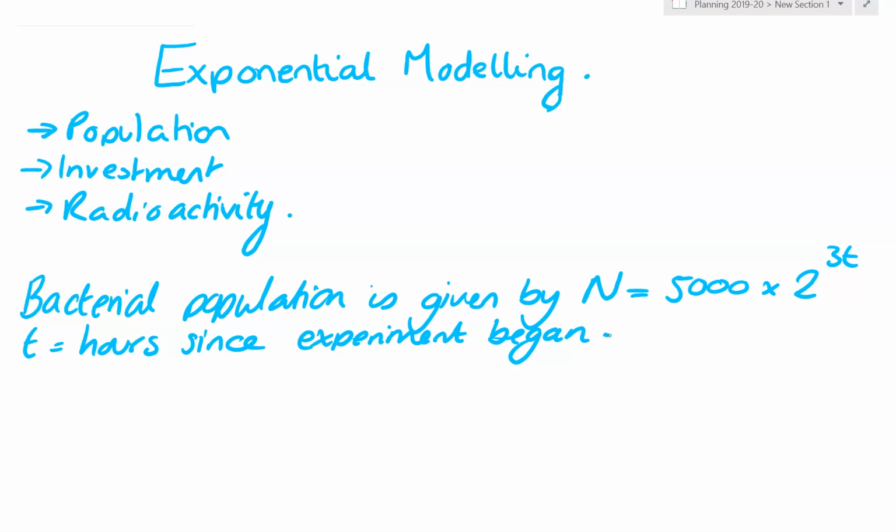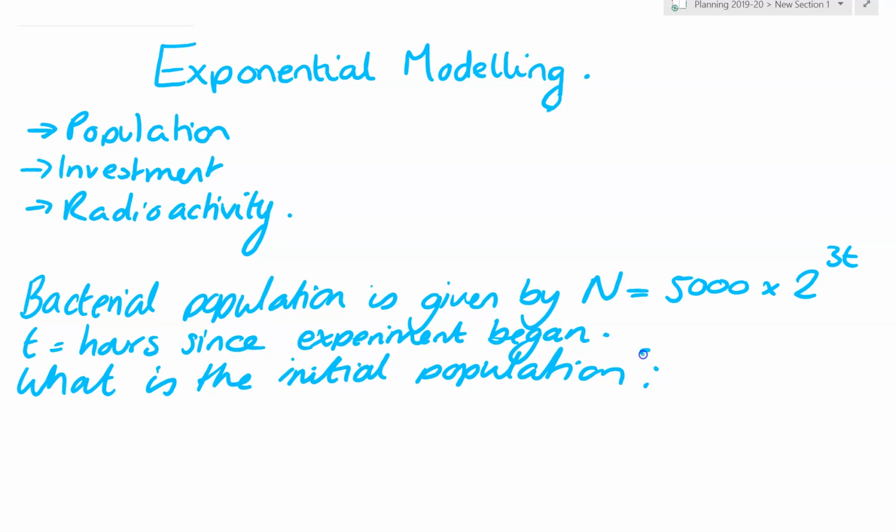It doubles 3 times because you get 2 to the 3. Anyway, that'll become clear. So what is the initial population? And we're going to say, when does the population exceed 1 million?